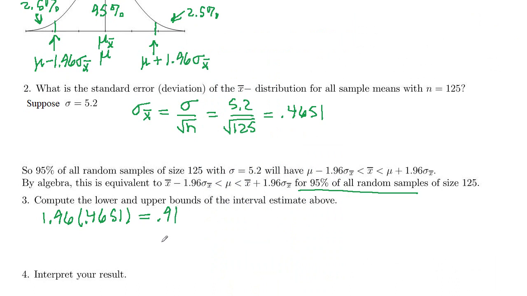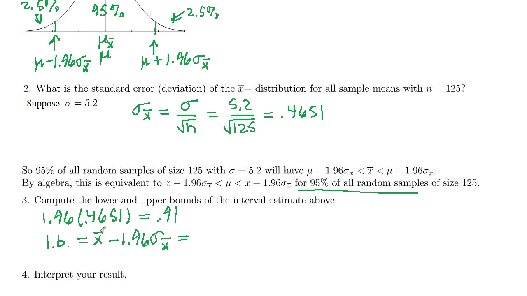And then what we're going to do is take our sample mean and subtract that and add it. So our lower bound, and I'll abbreviate that LB, is going to be our x-bar minus the 1.96 standard deviations.